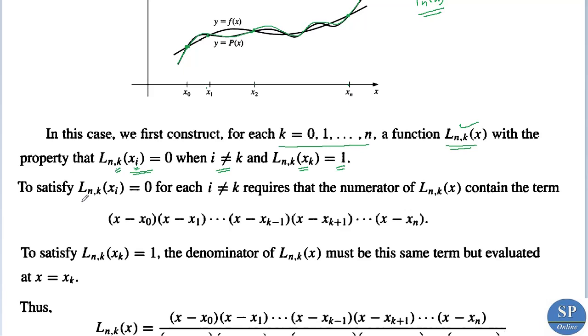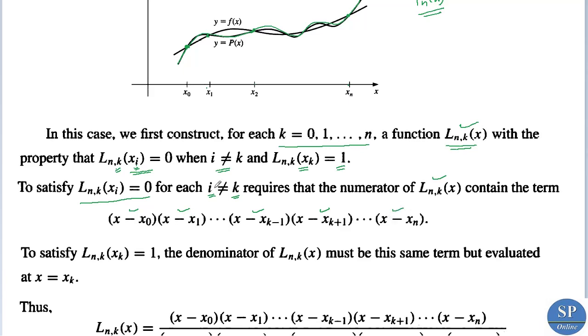First, to satisfy the condition Ln,k(xi) equal to 0 for all i not equal to k, we need in the numerator of this Ln,k the factors of this form, that is (x - x0), (x - x1), etc., (x - x(k-1)), (x - x(k+1)), then (x - xn).